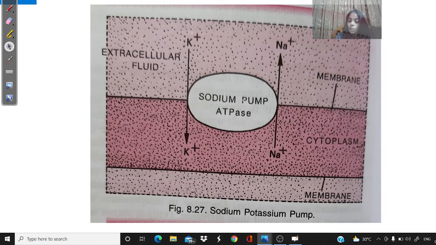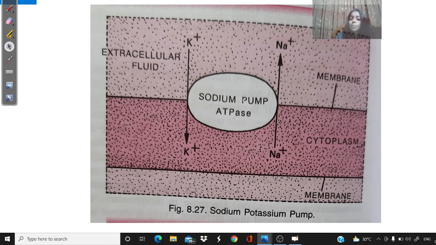See this one. Sodium going out of the cell, potassium coming inside the cell. That means two ions are traveling simultaneously. So such a transport where two substances cross the membrane simultaneously is called co-transport.